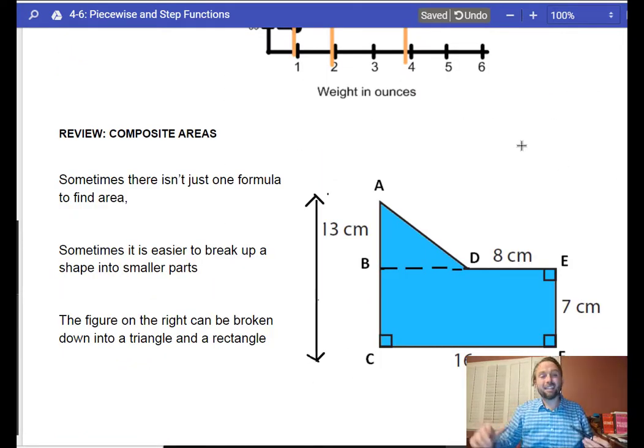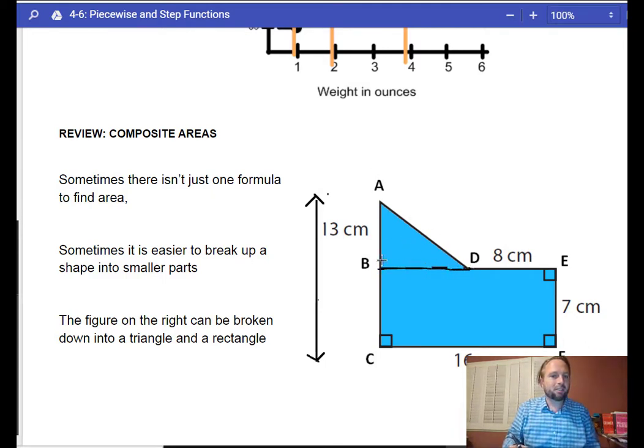So composite areas. If we're going to be adding certain shapes that we can't figure out the formula for, there should be a formula to figure this out, but maybe we don't know it. Well, we can literally cut these shapes into parts that we do understand.